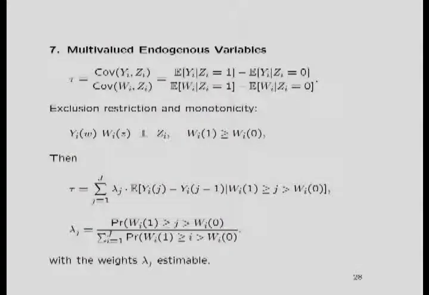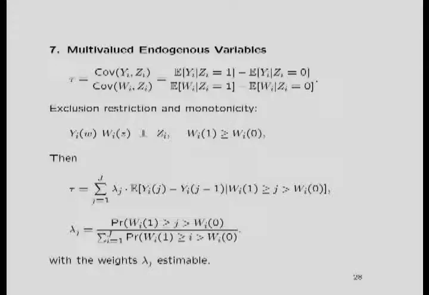Okay, so let me then make a couple of comments about another extension. What happens if we do go back to the binary instrument case, but the endogenous regressor is not binary, takes on multiple values?